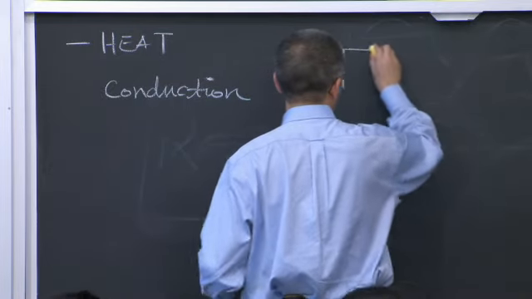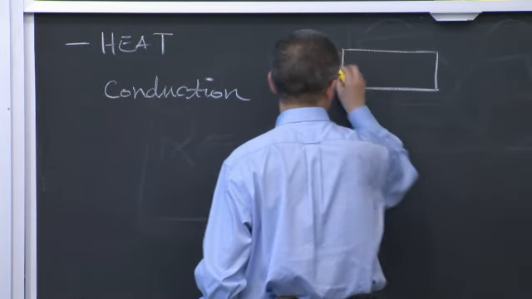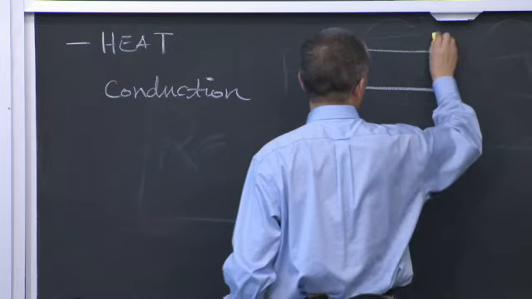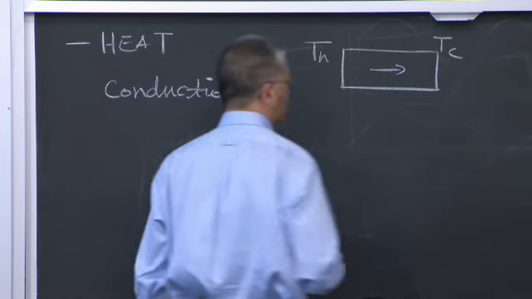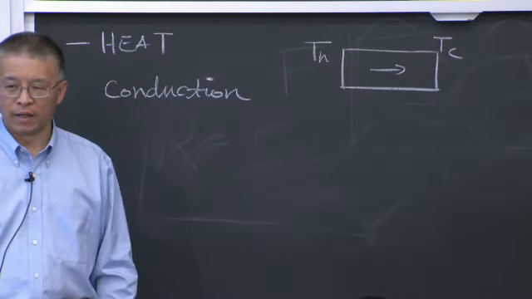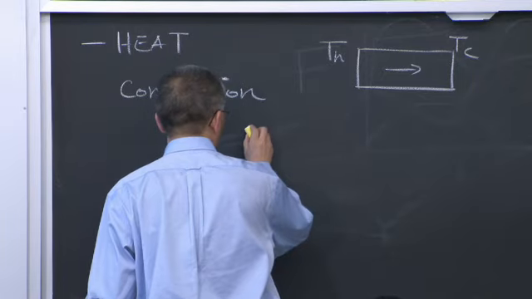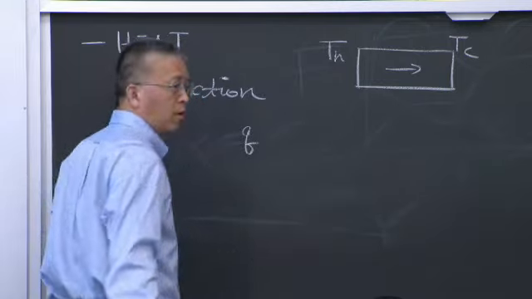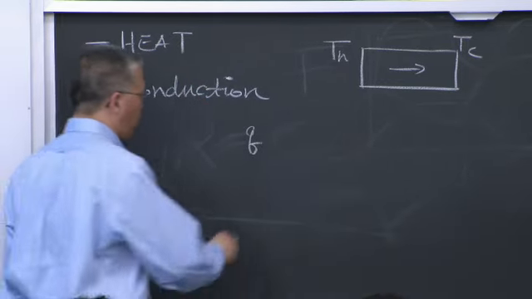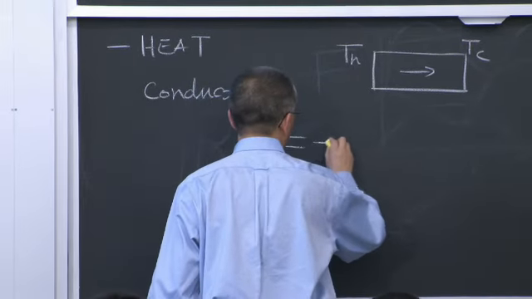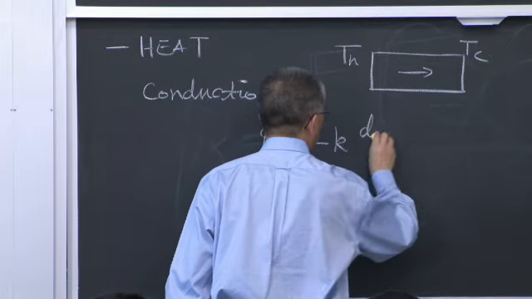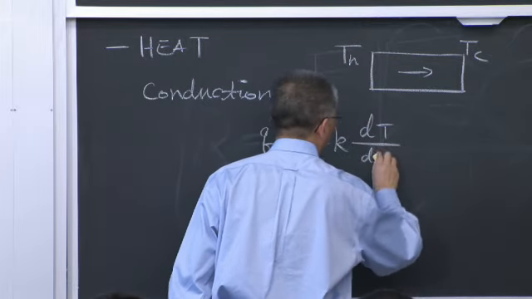For heat conduction, we have the simplest picture: one side is hot, the other side is cold, and there's a heat flow inside. The law governing heat conduction, in the simplest form, is the Fourier law: the heat flux equals thermal conductivity times temperature gradient.